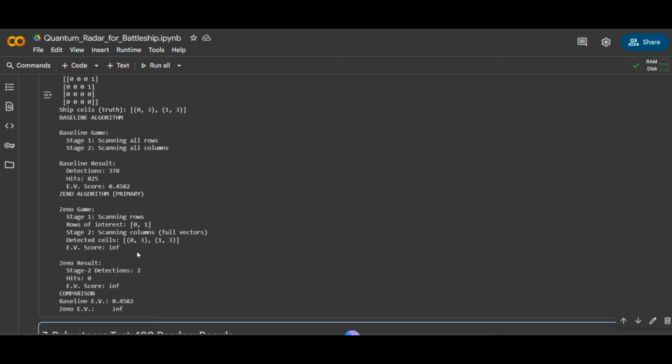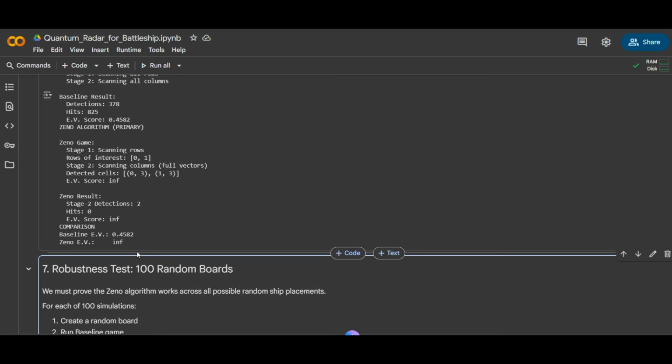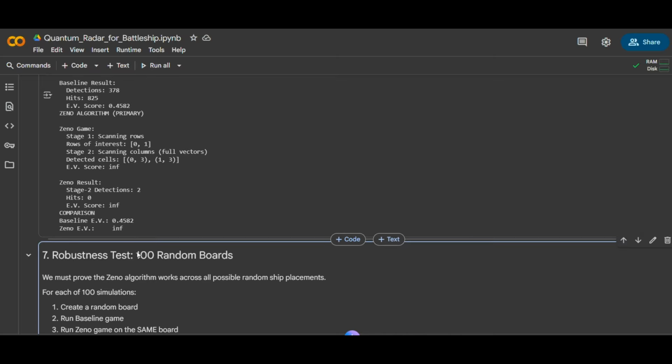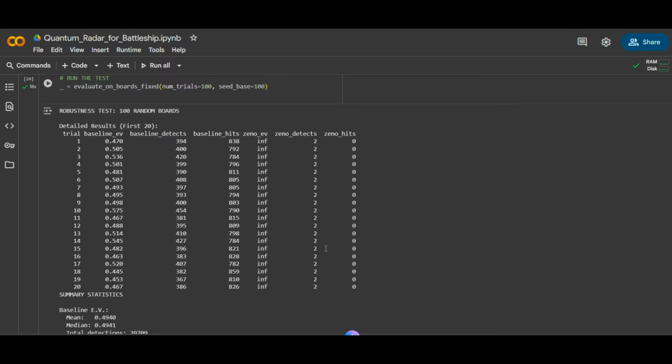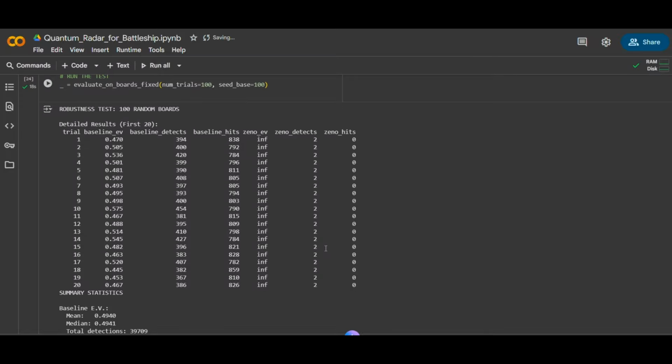But one game isn't enough, we must prove it's robust. So I will run the robustness cell. This runs both algorithms on 100 random boards. This test is creating 100 random boards and having both algorithms try to find the ship, collecting the scores for each and every single run.